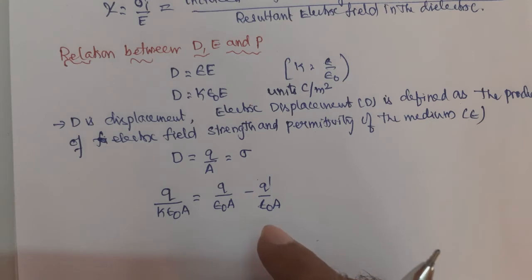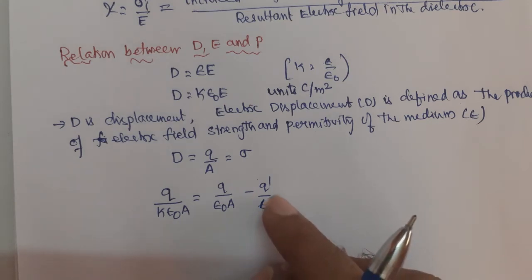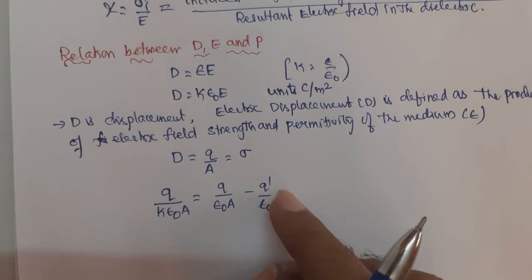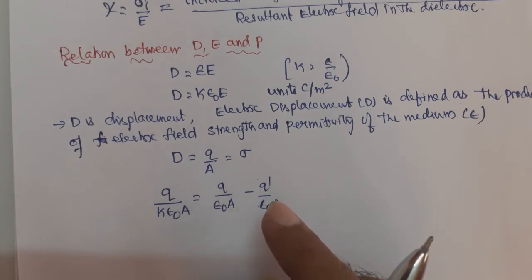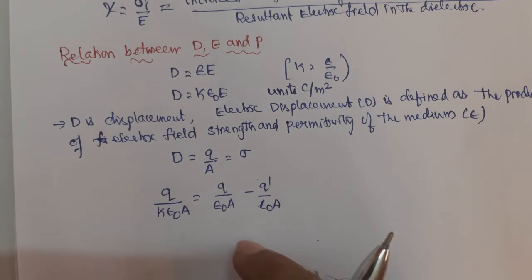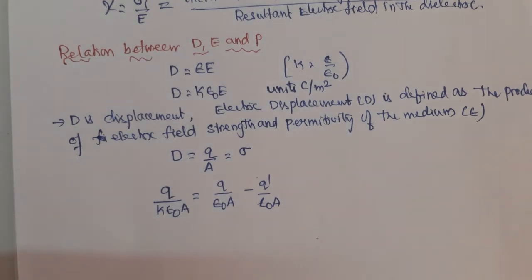Q dash is the induced surface charge. The charge on the plate is Q, and the induced surface charge is Q dash. Q and Q dash are related by this equation.